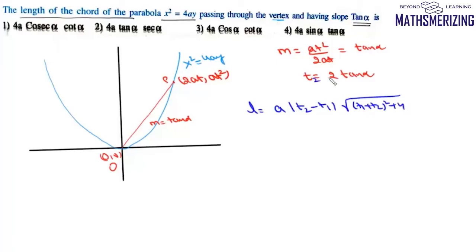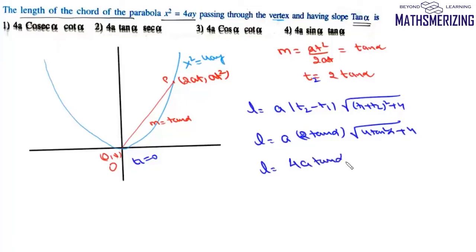And in this case, suppose this is t2 and t1 simply is 0. So this length will be a, and then it will be 2 tan alpha, and under root of t1 plus t2 whole square, so there will be 4 tan square alpha plus 4. So now it will be 4a tan alpha secant alpha. So length of this chord will be simply 4a tan alpha into secant alpha.